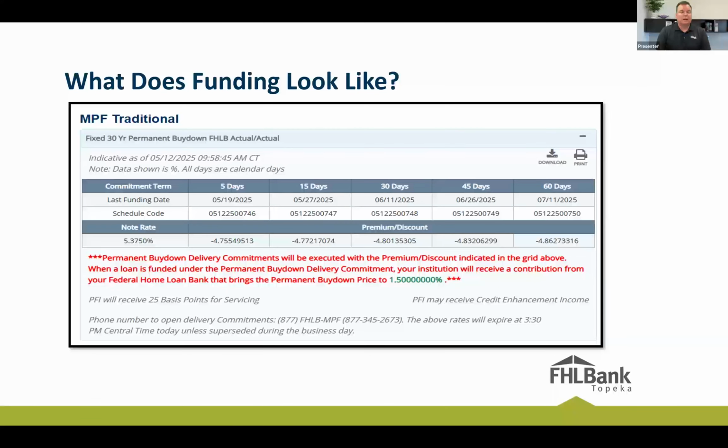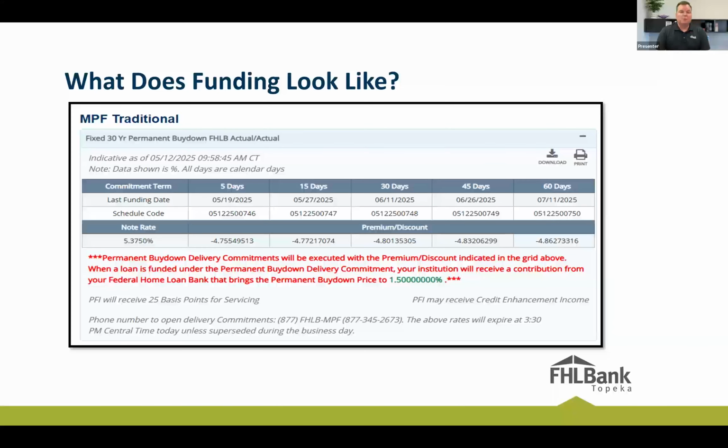Both the actual and actual single remittance options would be available to you. You'll note the note rate of the 5.375, and then you'll see a series of discounts listed there, all the way up to minus 4.86, et cetera, on the 60-day.